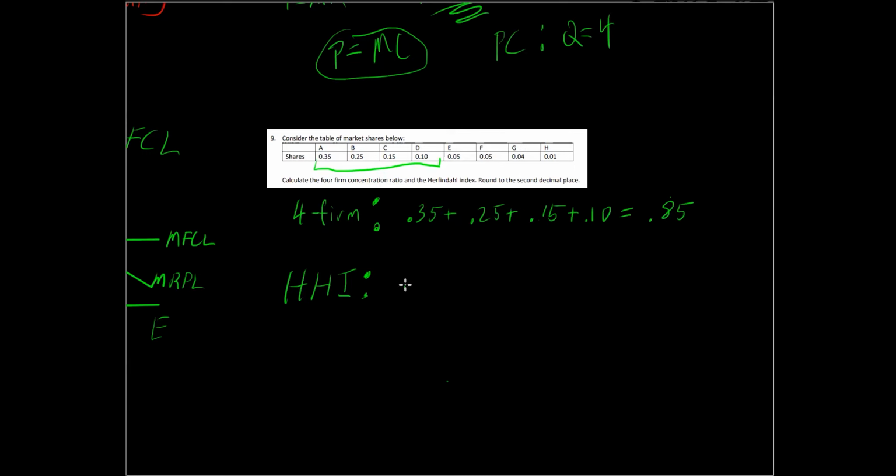So to figure that out, we just do 0.35 squared plus 0.25 squared, and so on, 0.15 squared plus 0.10 squared. But now for the Herfindahl index, we don't just do the 4 largest firms, we do all the firms.